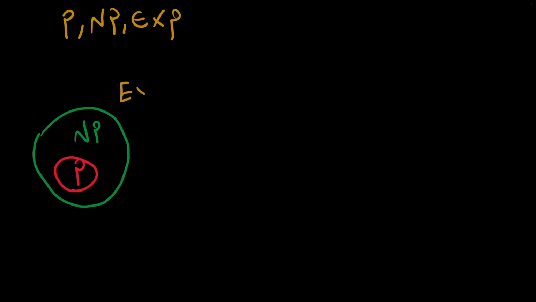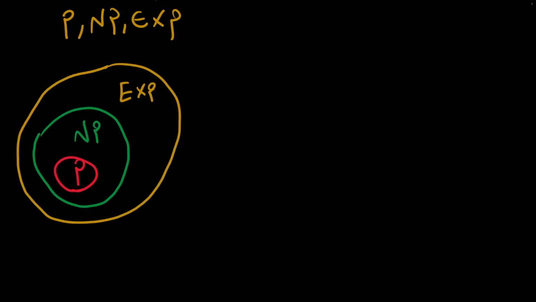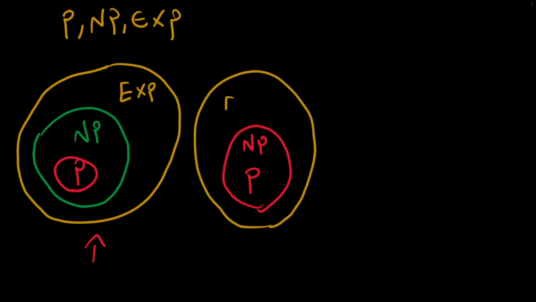Then we have exponential time algorithms, where we don't know if we can verify all of them in polynomial time. So we don't know if all exponential is NP, but it may encompass some of those problems. This is the general consensus at the moment of what these spaces look like. It could very well be possible that NP and P share the same space, that all NP is P, but at the moment we just don't know.